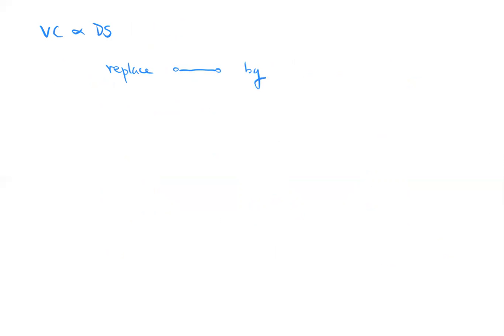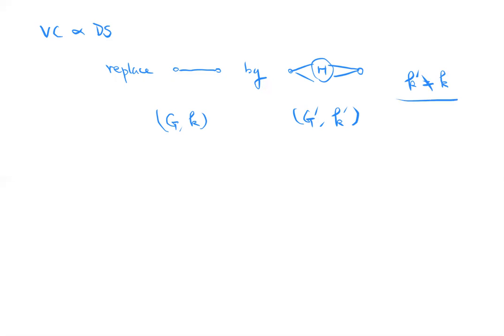From an instance of vertex cover, we get an instance of dominating set. Now, in this case, you will see that this K prime does not equal K; it will be something different. Very often in a reduction, K prime will not be equal to K. This example will show you that we have a case where K prime will be much larger than K. In the previous two examples, K prime equals K.